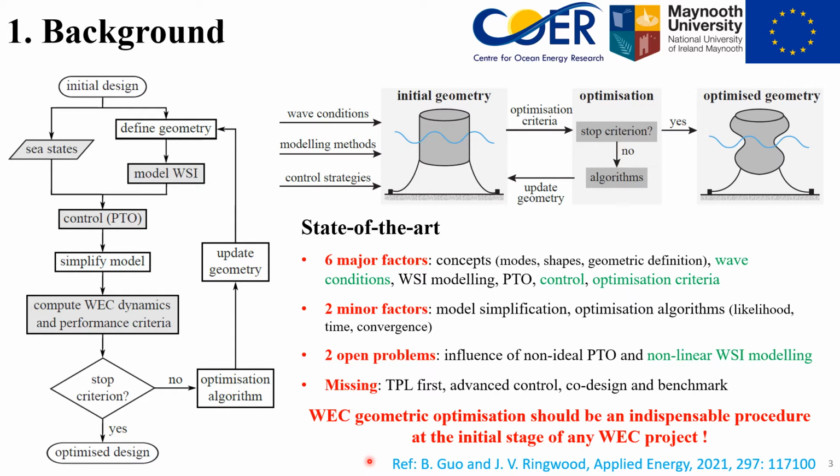According to a recent review paper by me and John, there exist 6 major factors that affect the optimization results, including the WEC concept, wave conditions, wave-structure interaction modeling methods, PTO modeling methods, control strategies, and optimization criteria. 2 minor factors are model simplification and optimization algorithms.